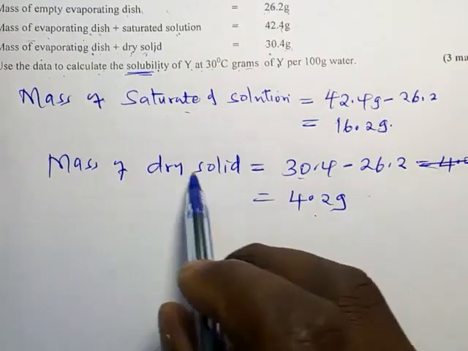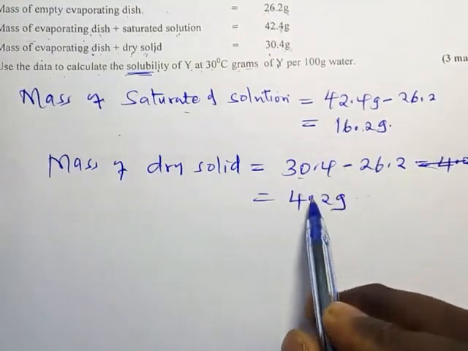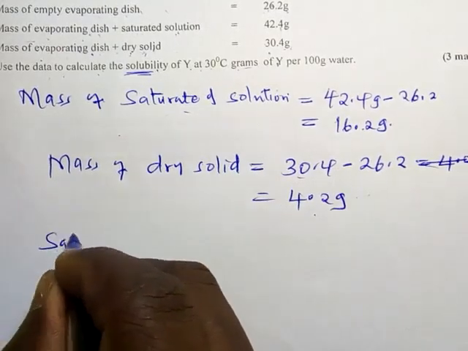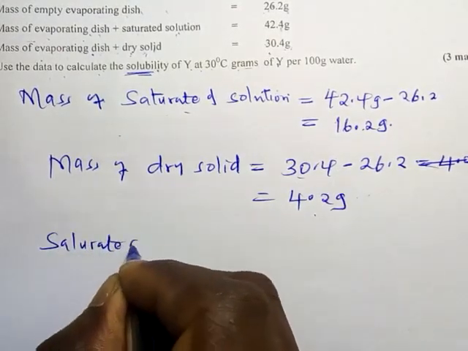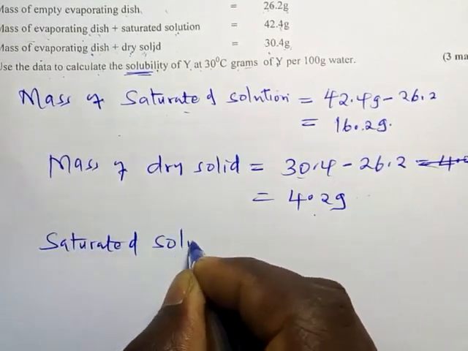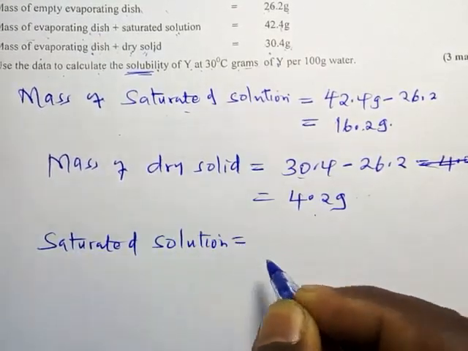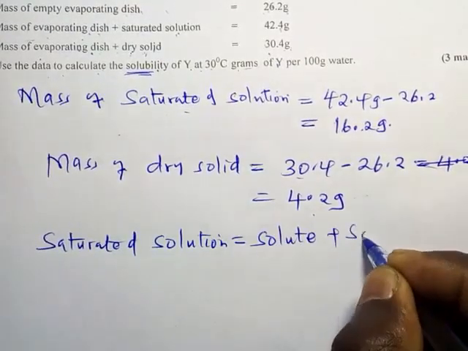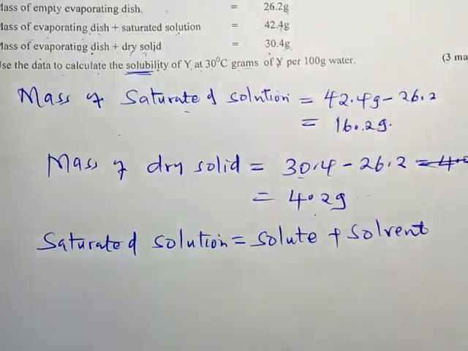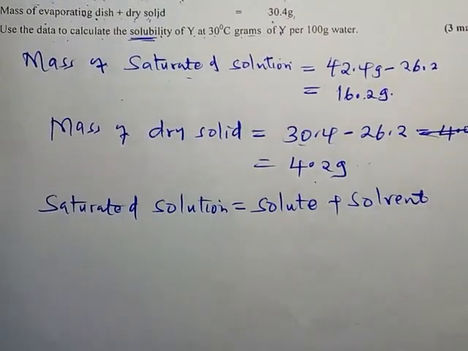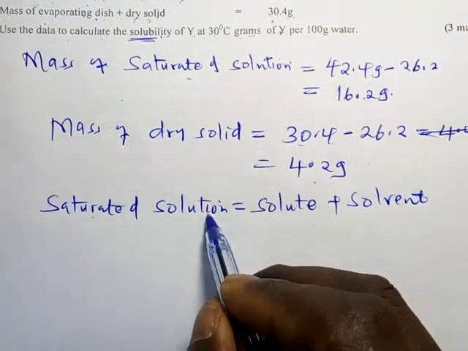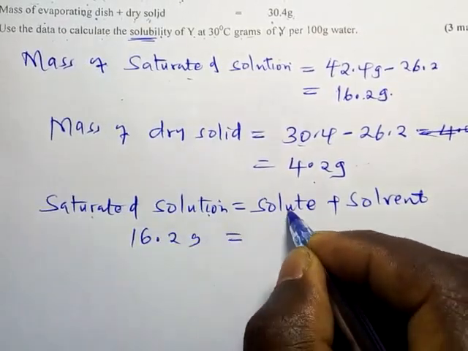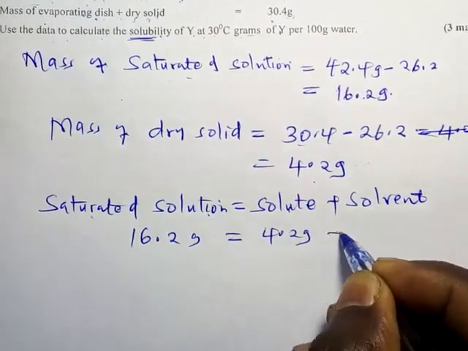Right? Now we have the mass of the saturated solution, and we have the mass of the solute. But we know a saturated solution is equal to solute plus solvent. So we have 16.2 grams for the solution, the solute is 4.2 grams, plus the solvent.